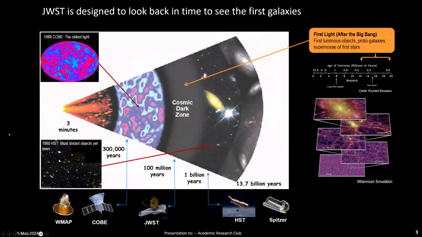Now, the Webb telescope was conceived in the early 1990s to connect the dots, if you will, between these two famous images. Up at the upper left is an image of the oldest light in the universe, recorded by NASA's COBE satellite.